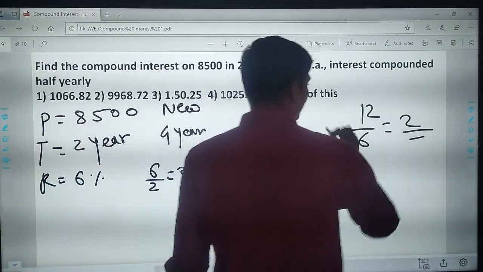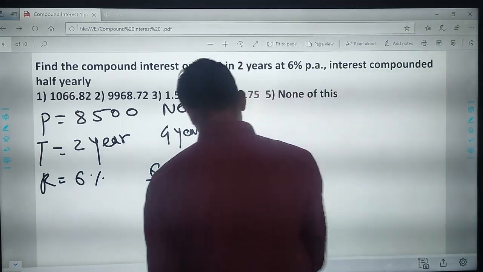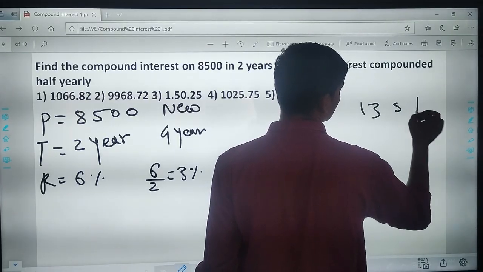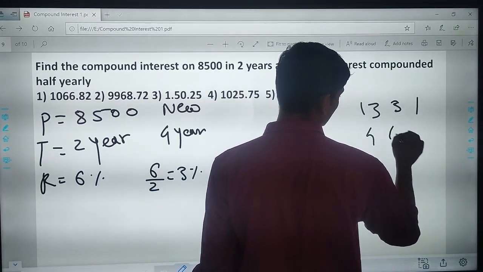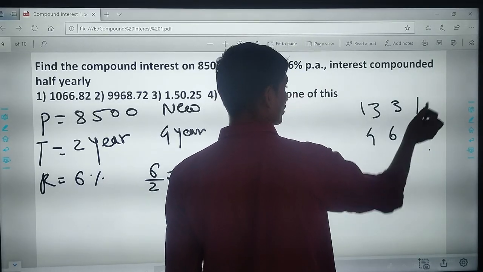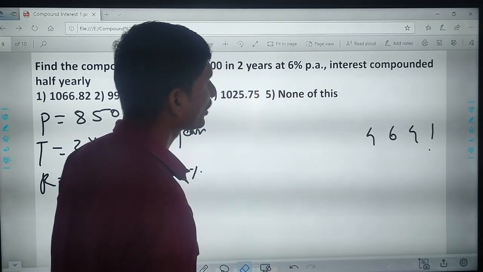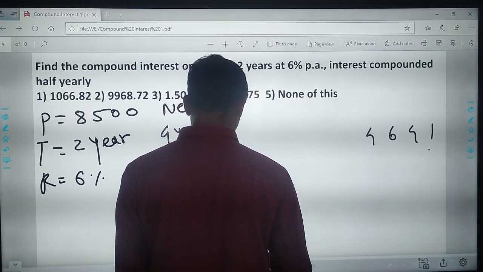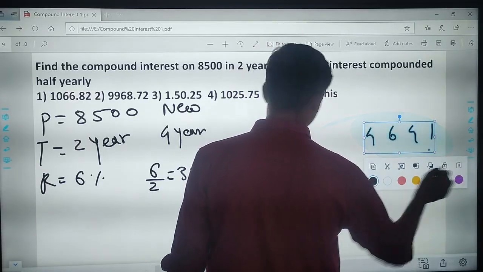Now here we find the compound interest. Then we use 4:6:4:1.